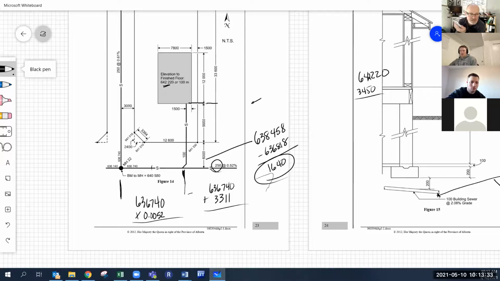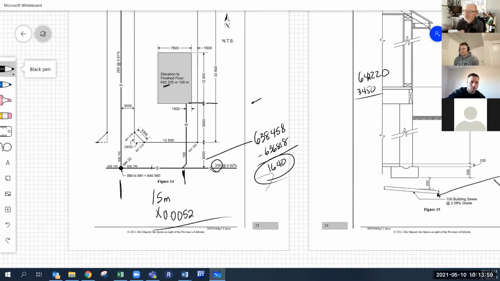Right, that's right. So it should be the run, 15 meters. It's 15 times 0.052. 0.52 divided by 100, so 0.052. Sorry, that is correct.